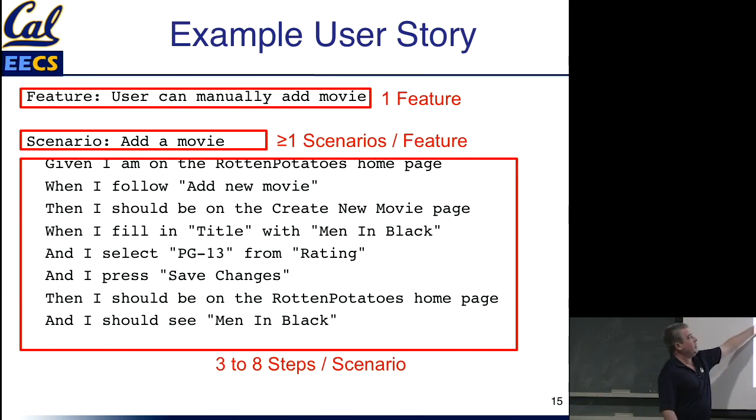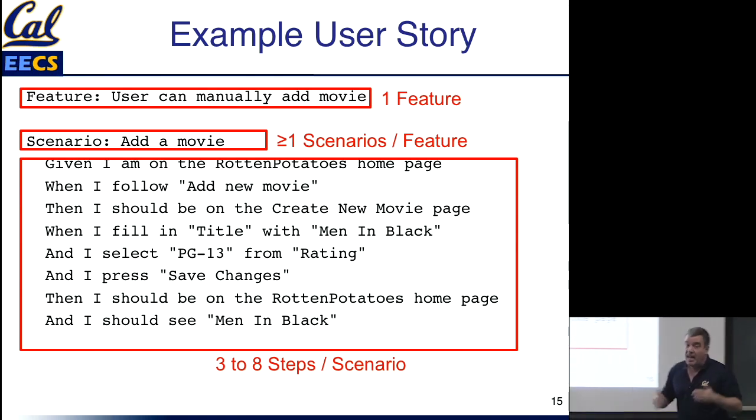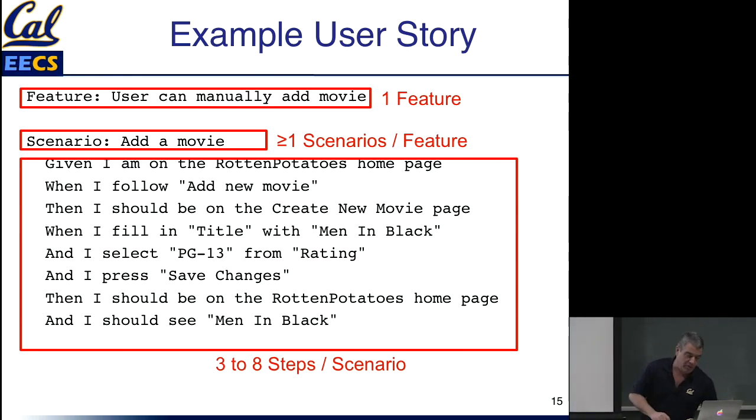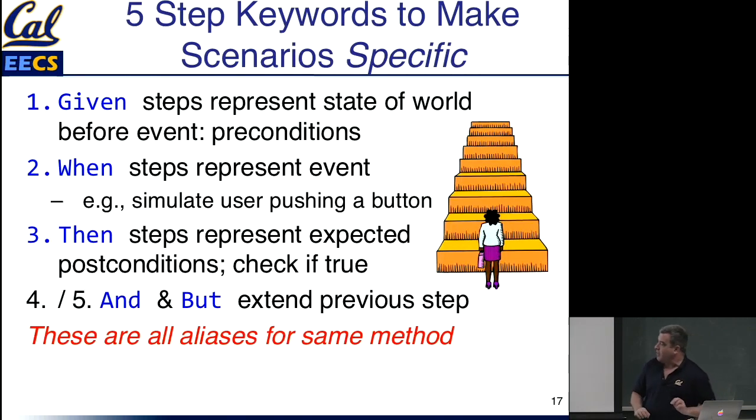What is the value of having this sort of layer of cutesy-looking English sentences over it? That's the value. It's documentation. The customer can read it. It's not technical. And as the developer, it reminds you of what you were thinking. So those are the five step keywords, all aliases for the same method.